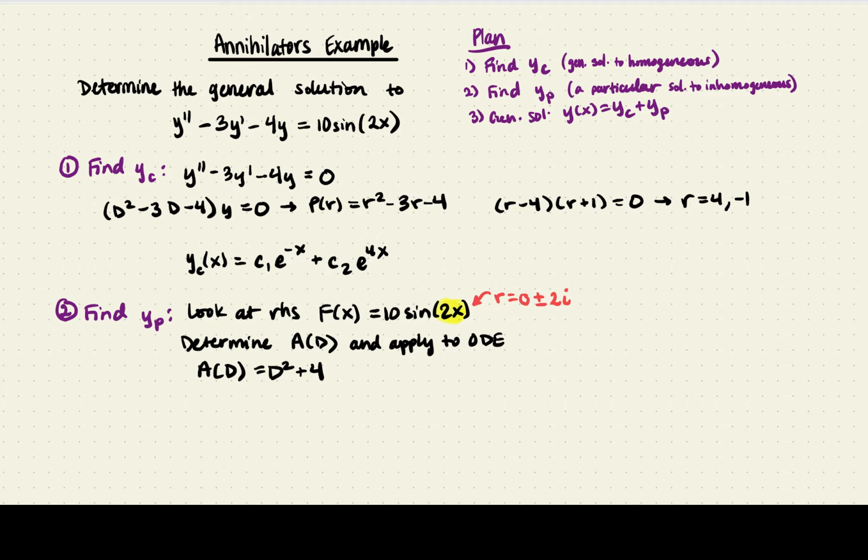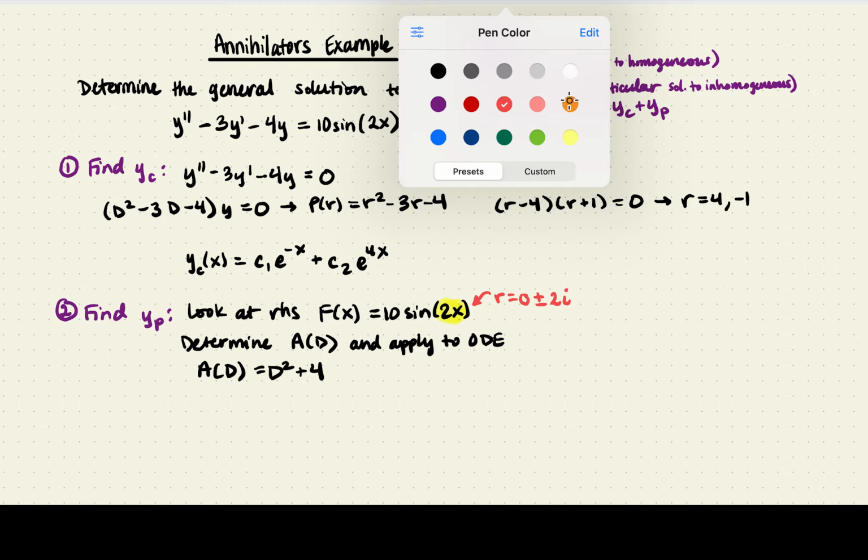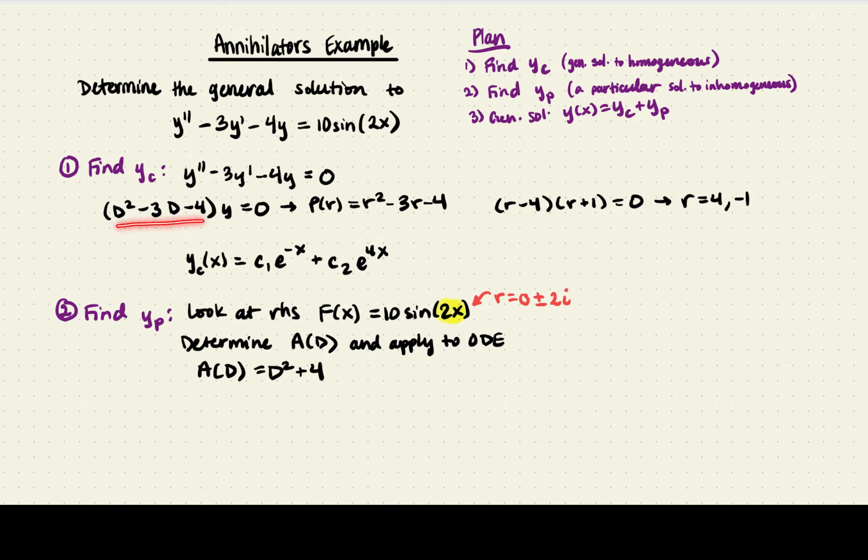So we apply this annihilator to our original ODE, and I'm going to do this all in operator notation. Before I do that, I'm going to remind you really quickly that this operator for our original problem, I can factor it as (D minus 4)(D plus 1) applied to y. So that's what I'm going to use when I apply this operator, D squared plus 4.